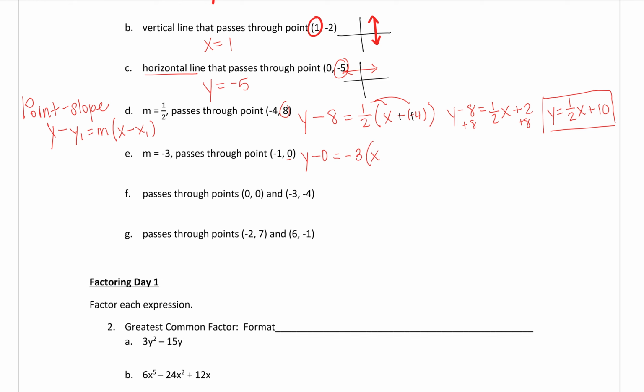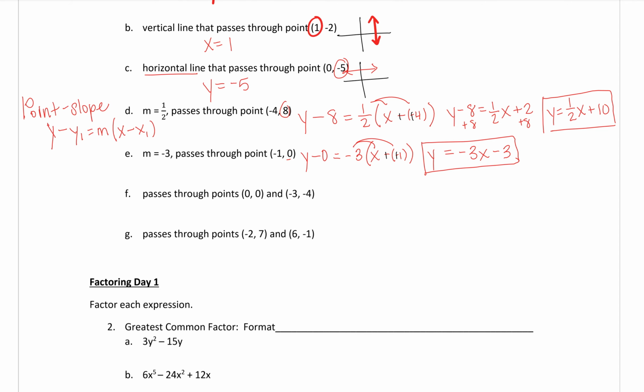And then x minus, in this case, I have a -1, so I plug in that -1, making sure I use my parentheses because I know that that negative becomes a positive. And I know I'm going to distribute that -3 to both of those. So y minus 0 is just y. That becomes a -3x. And then -3 times a +1 is going to be a -3. So my final equation is y equals -3x minus 3.